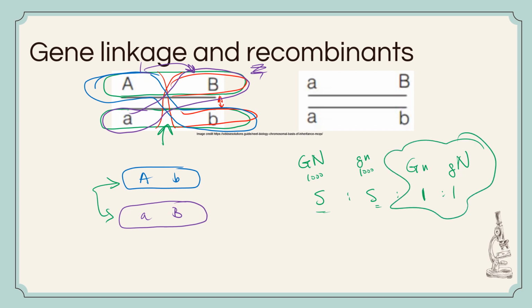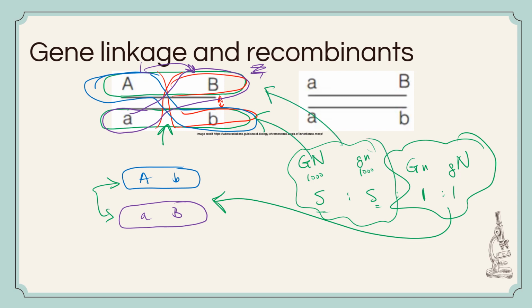These were those recombinant phenotypes that occurred because crossing over occurred. All of these other offspring were born from those not crossed over chromosomes. So cool, right? Super fun.